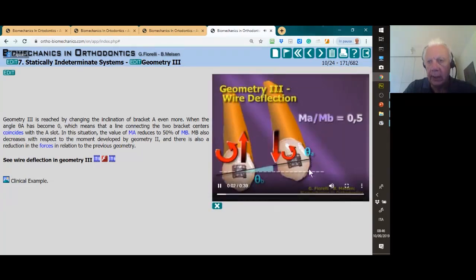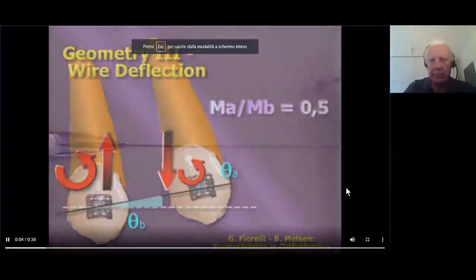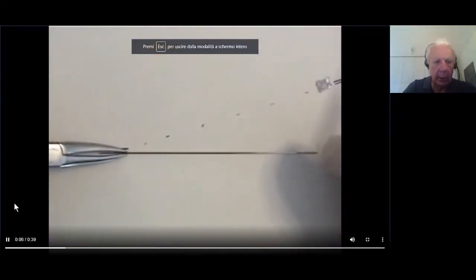So here we are in geometry 3, and I've been drawing these two brackets here in a position corresponding to geometry 3. I use a wire. This interbracket distance is huge, but this is important so you see a large deflection and you see things better.